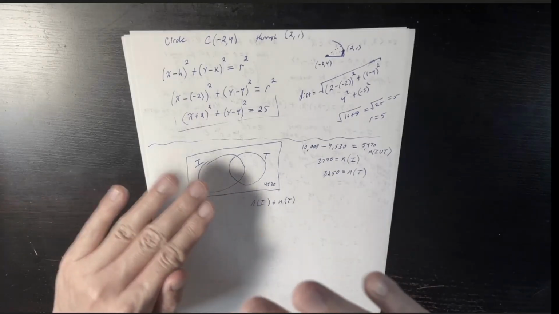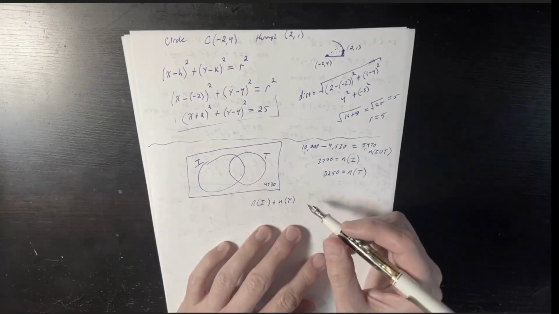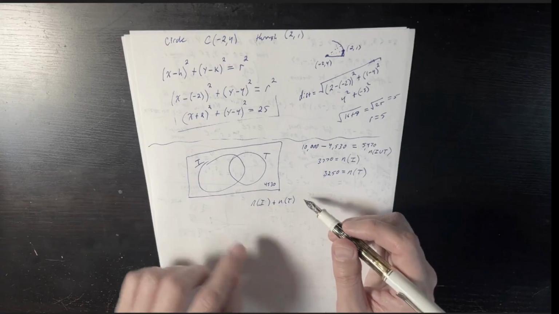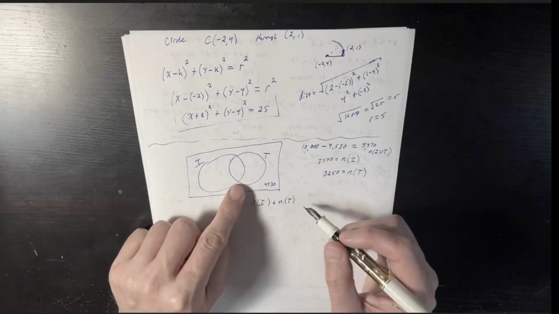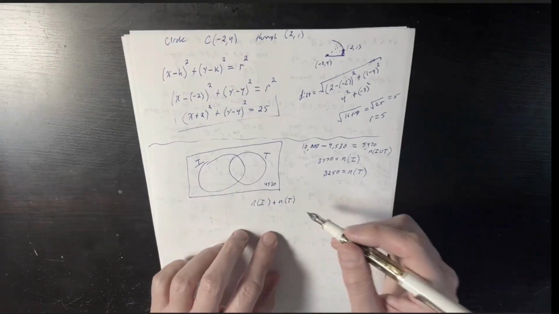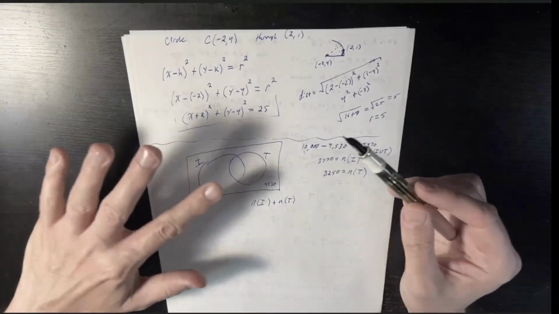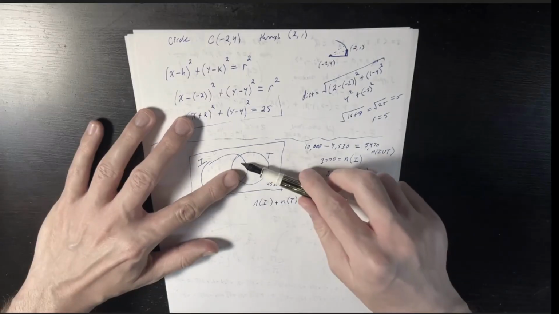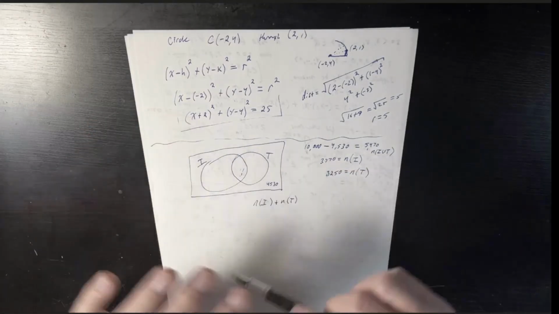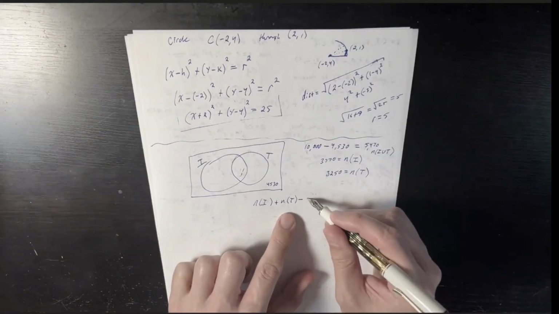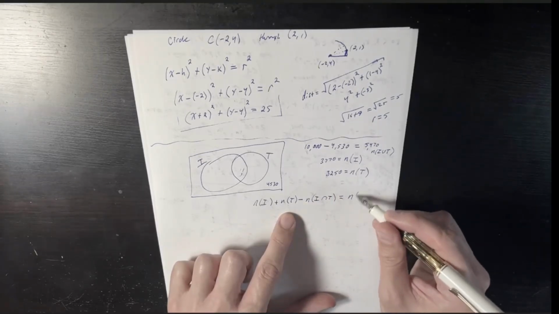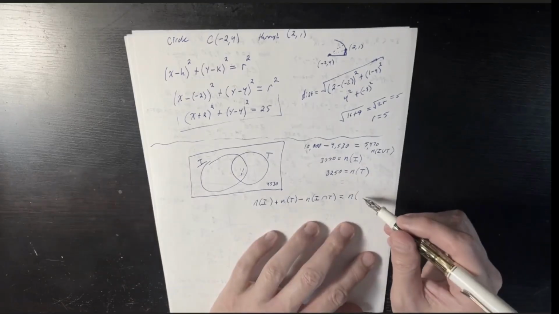If you just blindly add them, it will give you the union, but it'll add the intersection twice. So when you add N(I) to N(T), you counted this twice, so you want to subtract it one time. If you subtract the intersection once, then you'll get the correct answer for the total in the union.